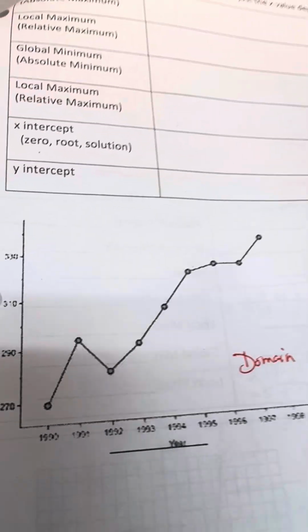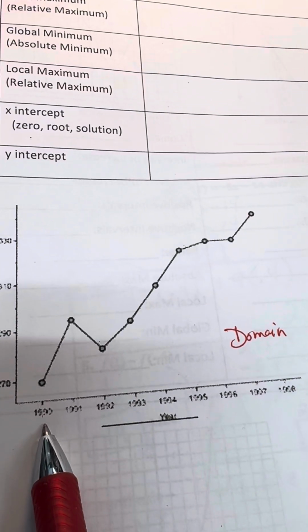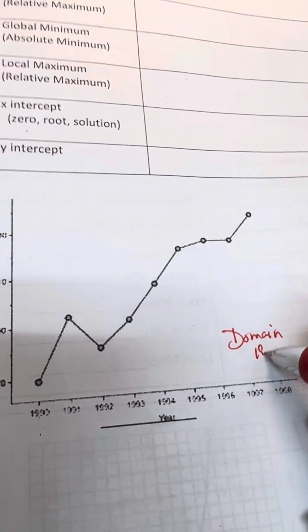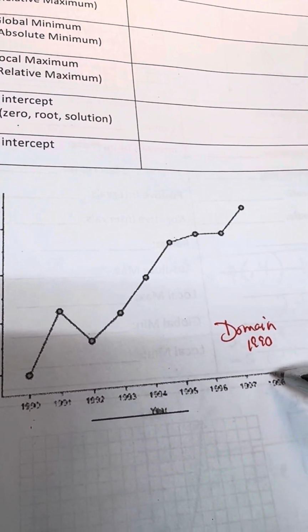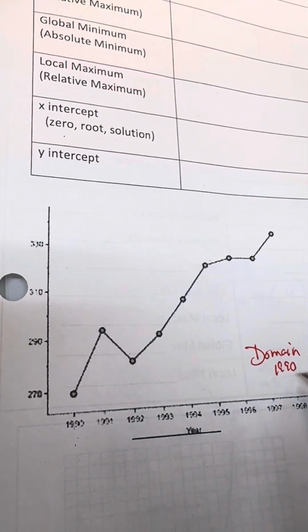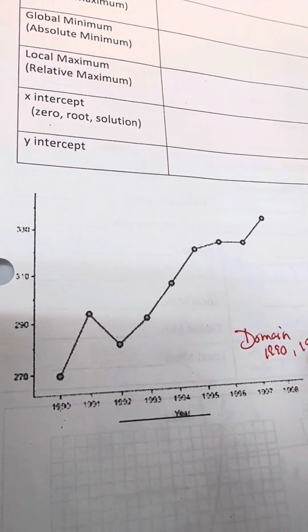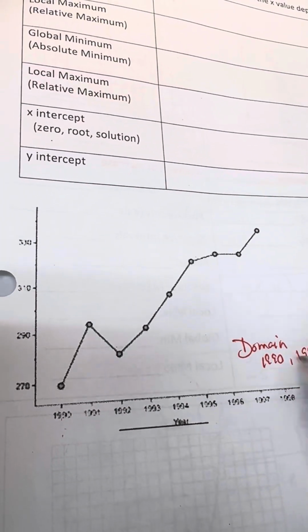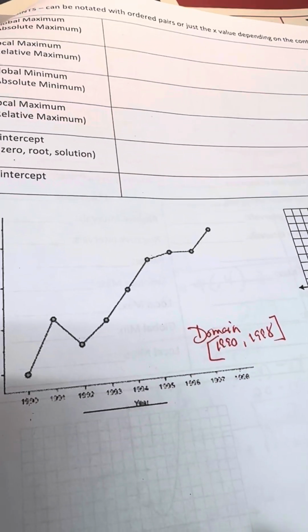All right. So the x value where this graph begins would be 1990. The x value where this domain ends would be 1998. That is almost illegible. And they were solid dots, so we're going to have brackets. Okay?